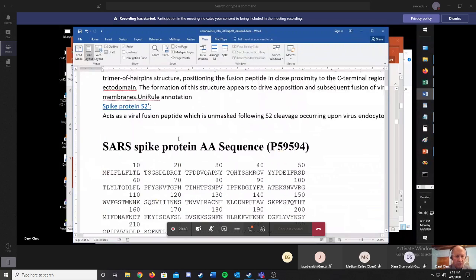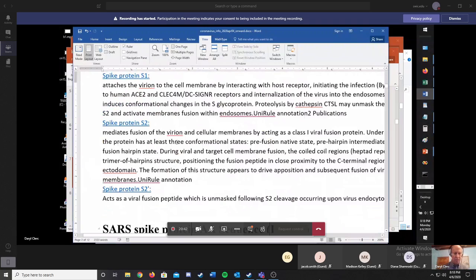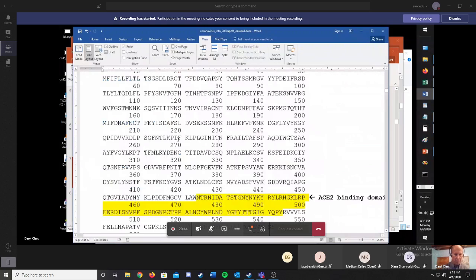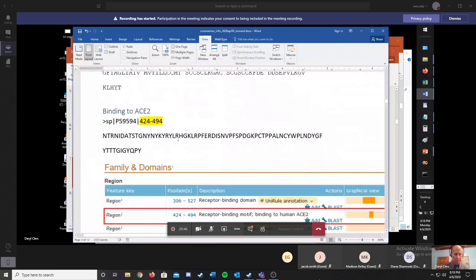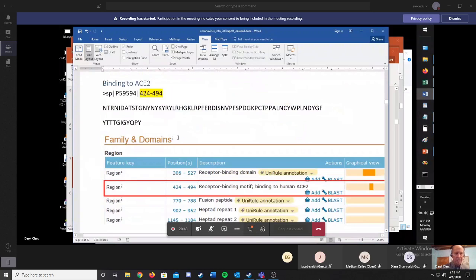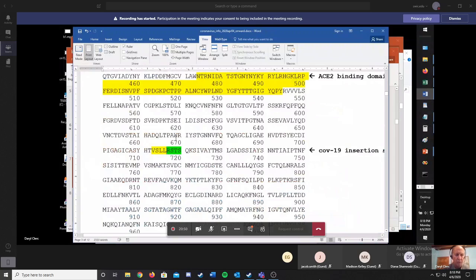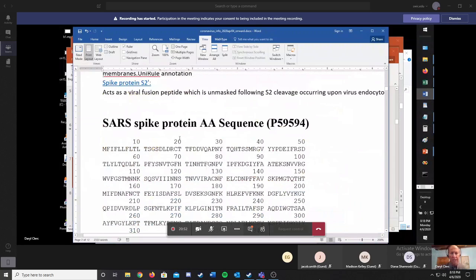Somewhere in here I have a link that goes to Uniprot. That's where this was pulled from. If we went to Uniprot's website and typed in P59594, this information would be displayed.